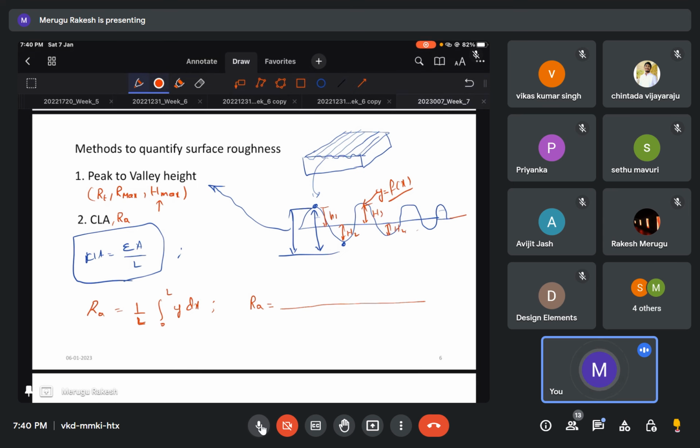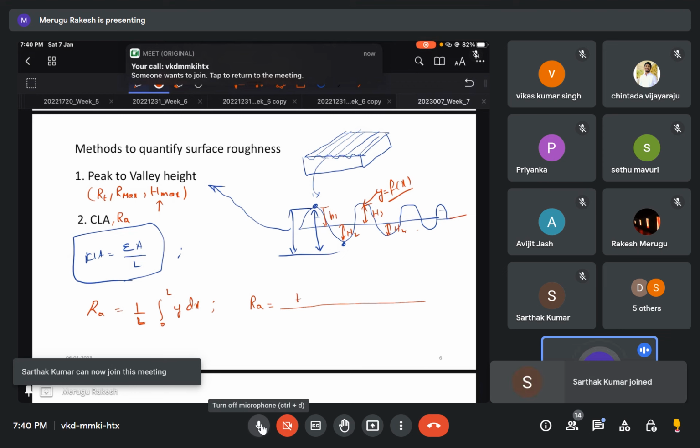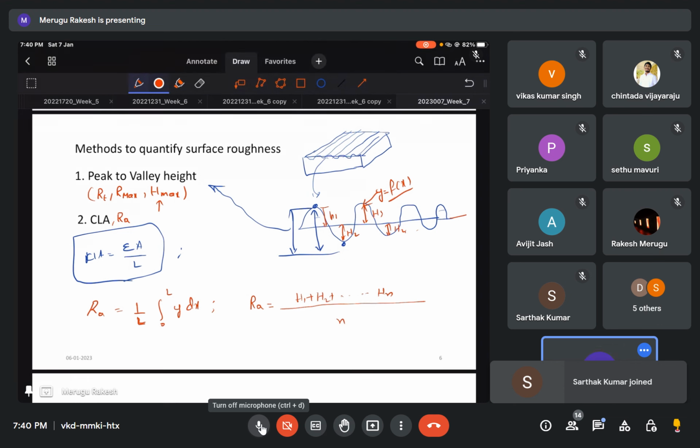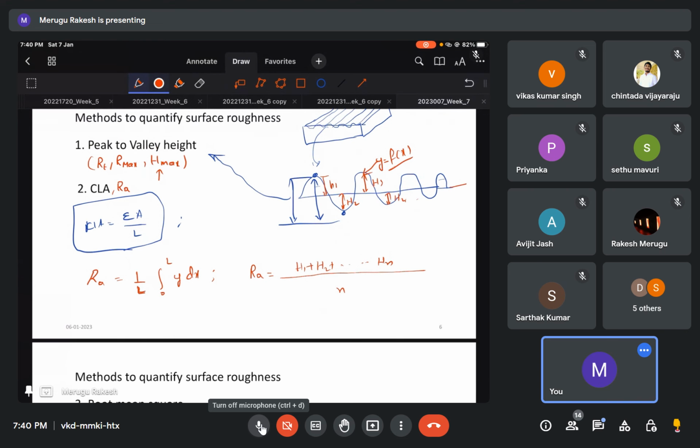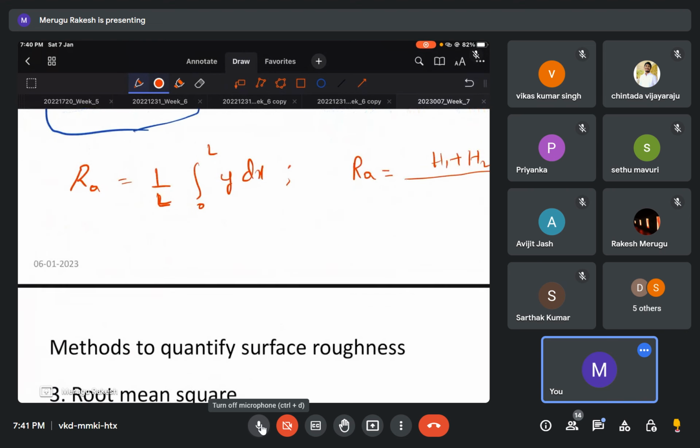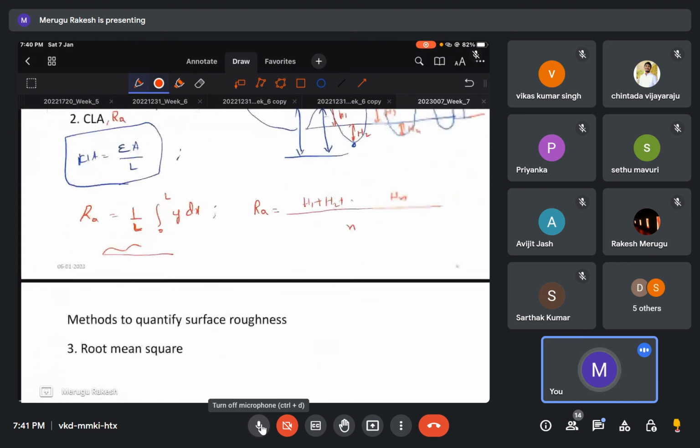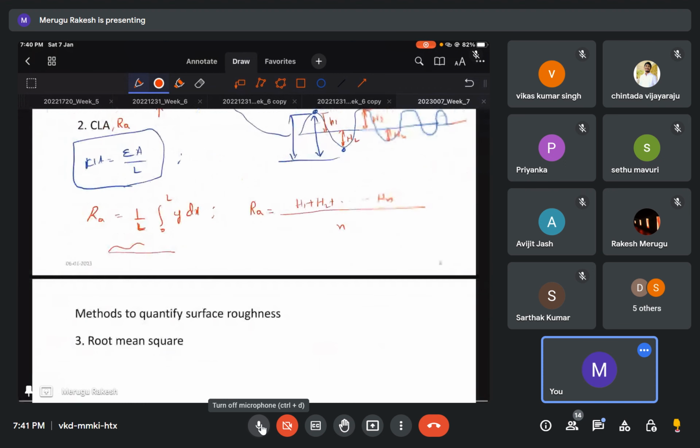In that case I can just add these values, H1, H2 and so on up to Hn, divided by N. So this is also one more formula. And then, this is a little involved, I will explain it in some other way.